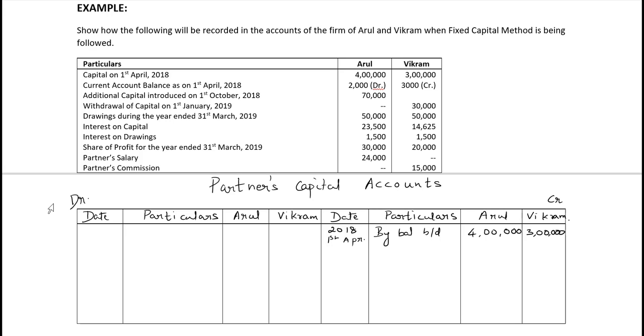The next item in the partner's capital account: additional capital introduced. The date is 1st October 2018. 1st October by bank account for additional capital introduced. Arul is the only one who's introduced capital, 70,000.